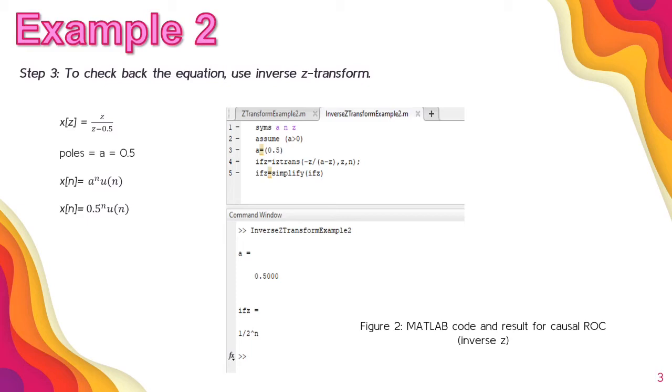We got x(n) equals 0.5 to the power of n u(n), so we got the original equation. Or otherwise we can use MATLAB to do the inverse Z transform. We also get 1 over 2 to the power of n.